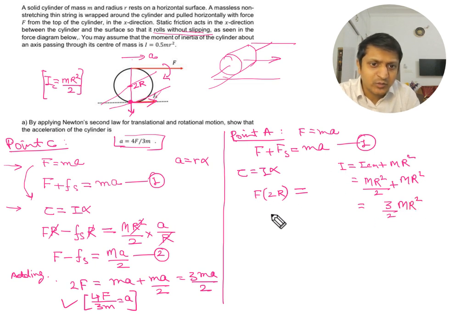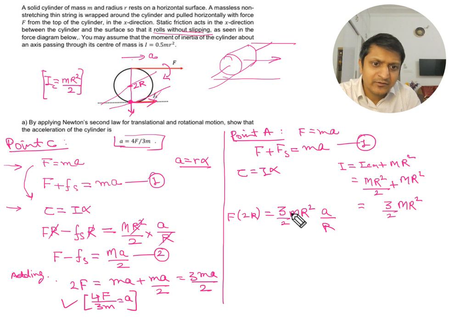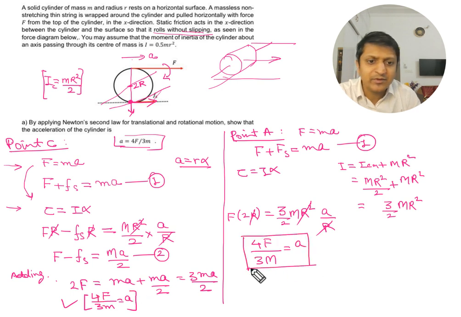So this will be equal to I alpha. I'll write it again. So I becomes this, and alpha is a by R. So both R's cancel. So this will become 4F, and the 3M comes in the denominator. So this is the same answer.